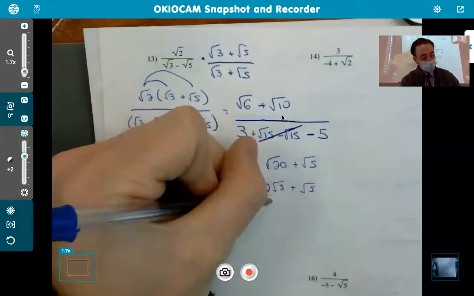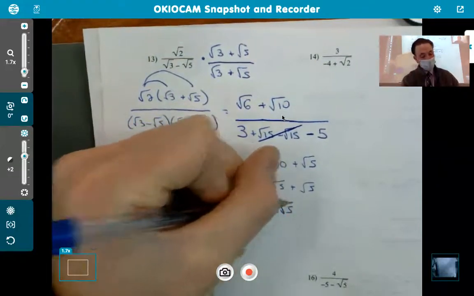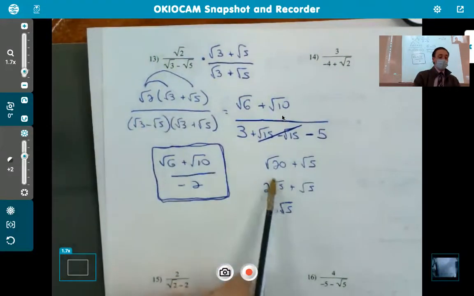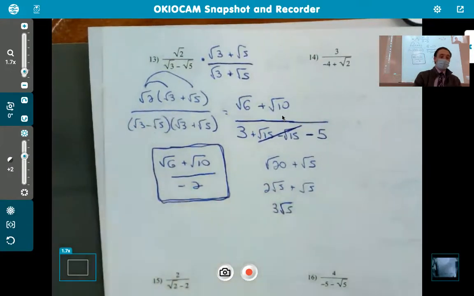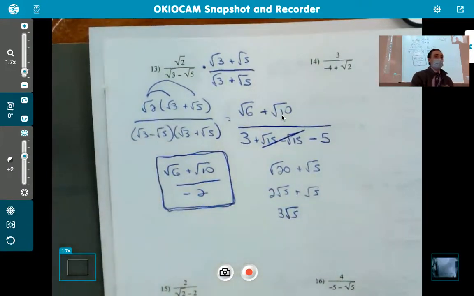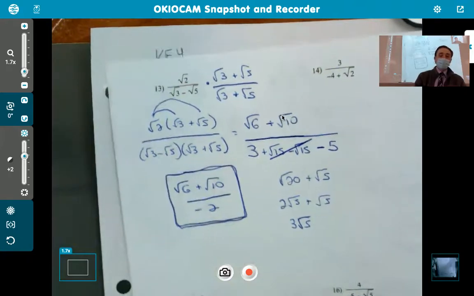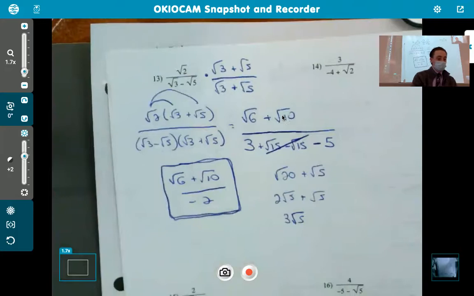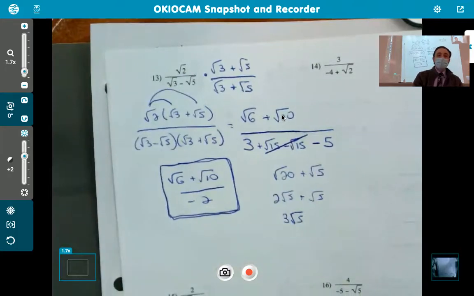And now I have 3 root 5. So you can only add when they have the same thing underneath that radical. Think of it like a variable, right? Like I can only add x's together. It's the same thing with roots. Okay. Any questions about 13?